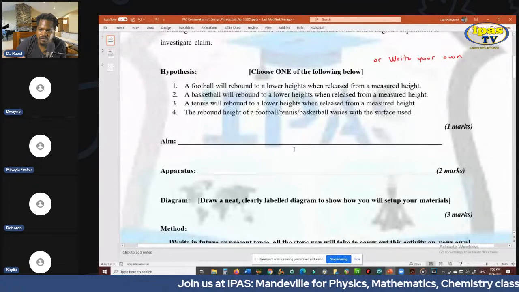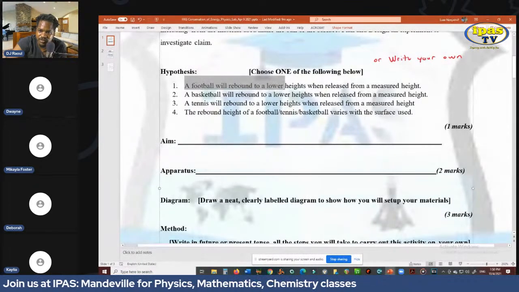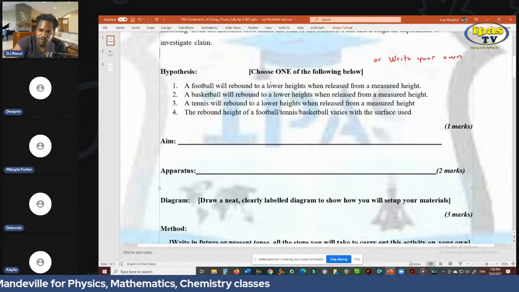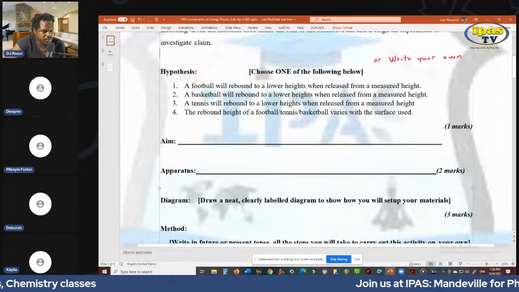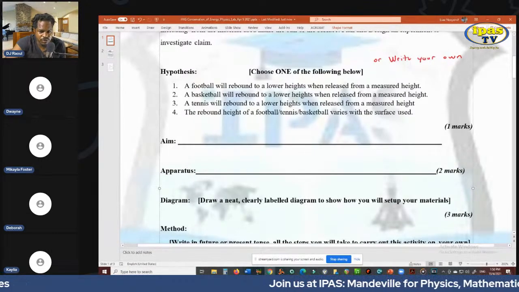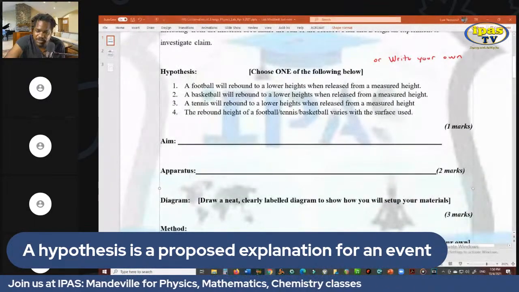You see how simple it is. It's like a sentence, nothing too long and wordy. You just get to the point. That's what a hypothesis is: a proposed explanation for an event.